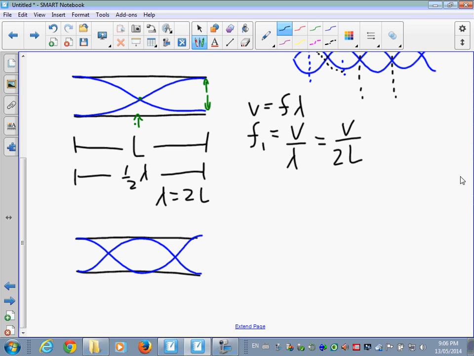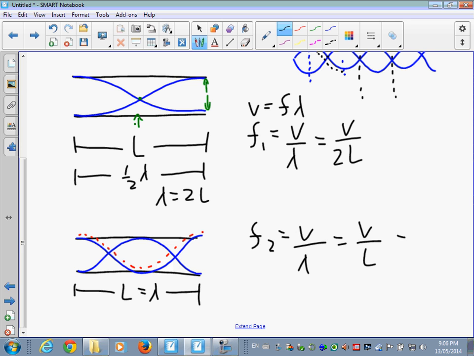And here's your length. That's also 1 wavelength. If we start from the top over here and move down, there's half a wavelength, that's your full wavelength. So lambda equals L, and similarly F2, the second harmonic, is equal to V divided by lambda, which means V divided by L, which is exactly twice what F1 is.